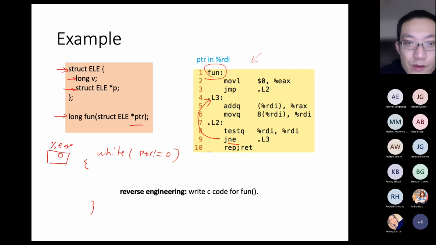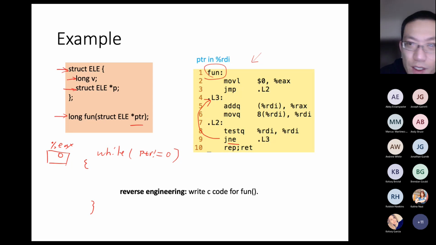this while loop. First of all, we add something to RAX and move 8 to some places. So it seems like RAX is used as a variable, I would imagine.